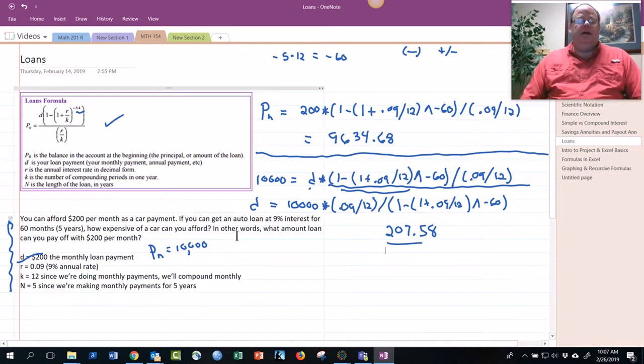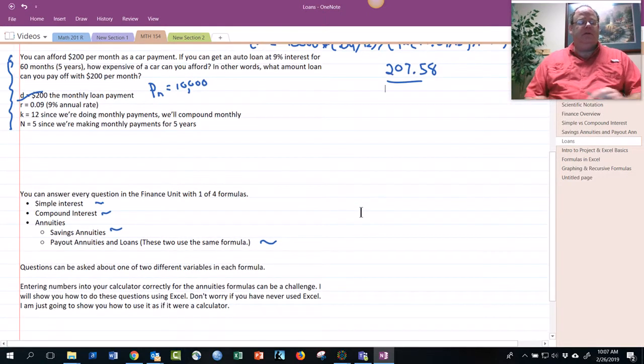Okay, let me go back just a couple minutes and remind you about a couple things. First off, we can answer every question in the unit on finances with just 4 formulas. The book, well, actually the videos and such, give you 10 because they give you 2 different formulas for each type of situation.